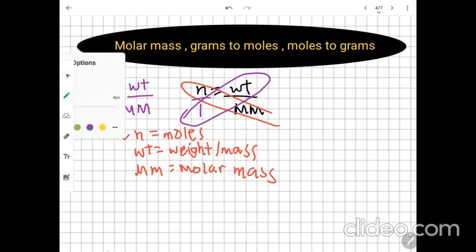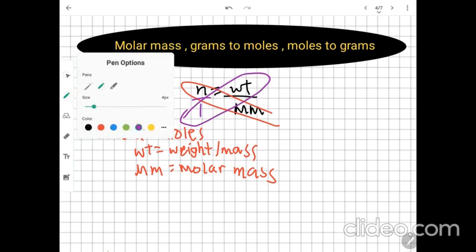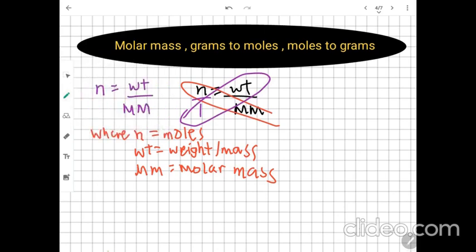So for the formula of weight, let's use blue. Weight times 1 is equal to weight, and here we have n times mm. So this is the formula for your weight: moles times molar mass.